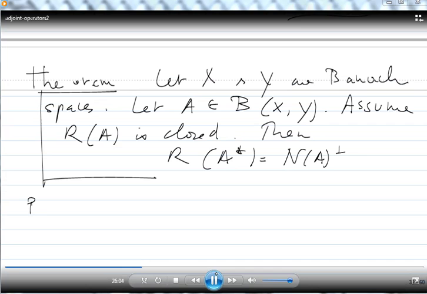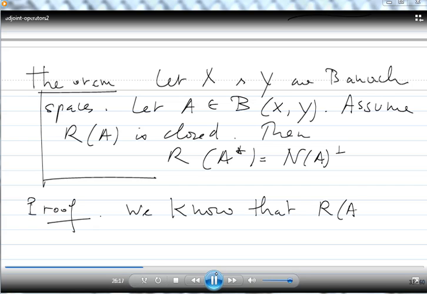Proof. We know that the closure of R of A star is equal to, that was the third part of the orthogonal.